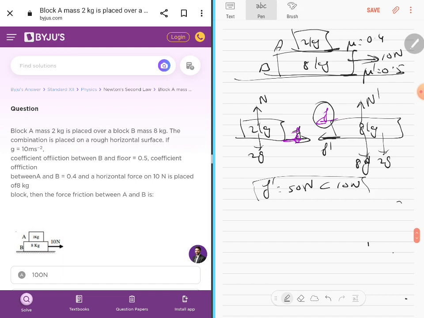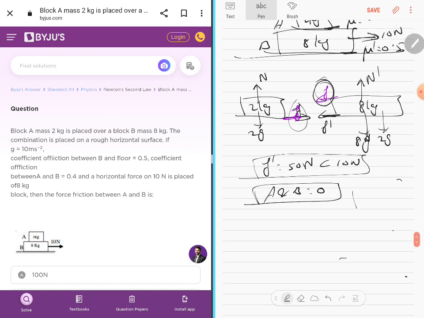When it is not even moving, there's no movement of the bottom block. So obviously we can say that this F and this F are going to get cancelled, so the net frictional force that exists between A and B is equal to 0.